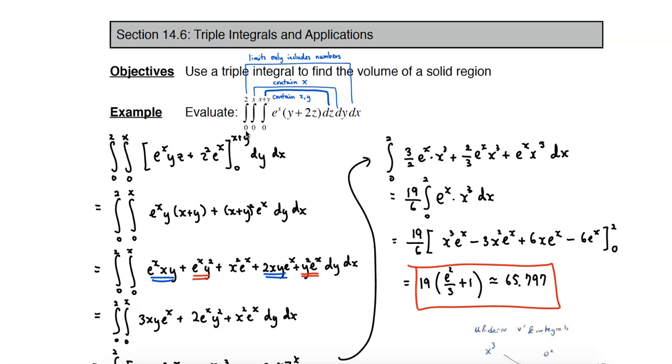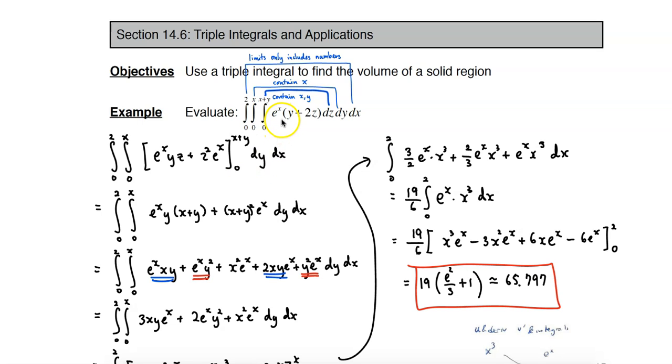The process is very natural when we integrate. We did it with one integral, two integrals. It's just the same with 3, 4, 5 integrals. You just go from the inside out. This integral sign corresponds to dz, the next one corresponds to dy, and the last one corresponds to dx. Integrating is not that difficult.